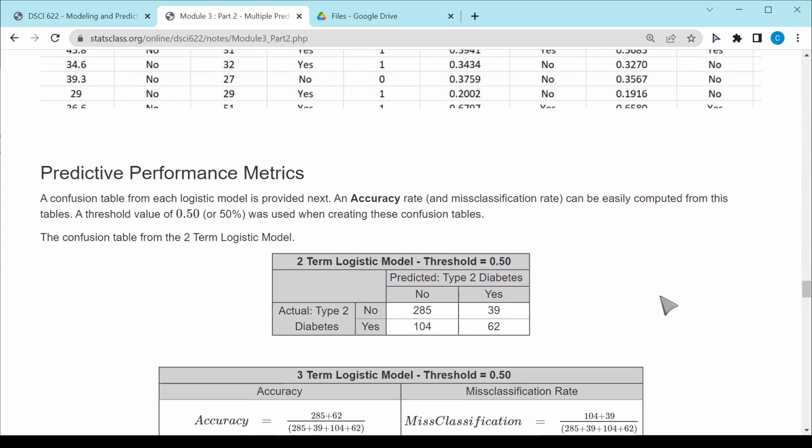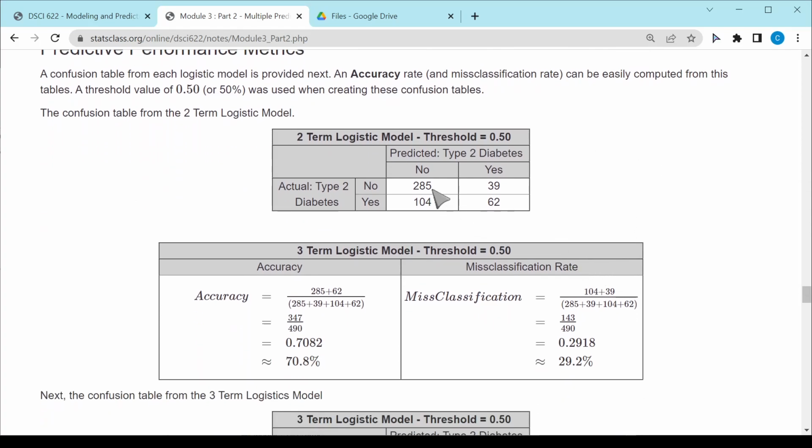So let's go ahead and look at the confusion table for a two-term logistic. Here you have, again, 285 people that did not have diabetes, and my model predicted them not to have diabetes, so that's pretty good. I have 62 here where the model predicted them to have diabetes, and they actually did have diabetes. So if I do a calculation for accuracy, I'm going to take this 285 and that 62.